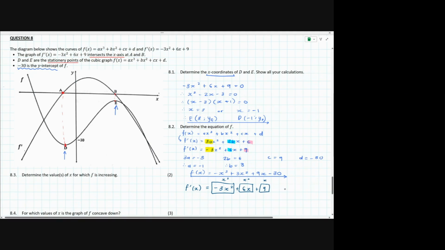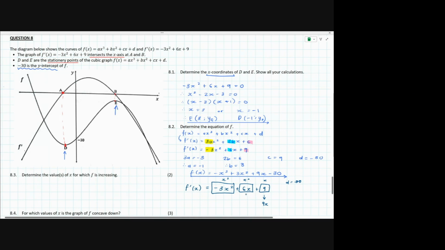And obviously I know that my d term is negative 30 because of the information given to me. So you could work backwards from this point and go and get what you needed to get. So for example, this 9 term, we know that this would have to be 9x. Why? Because if you take the derivative of 9x, 1 times 9 is 9. Derivative of the variable by itself is just that.